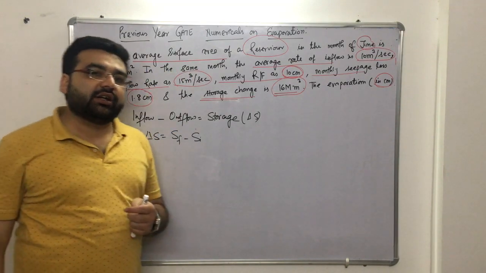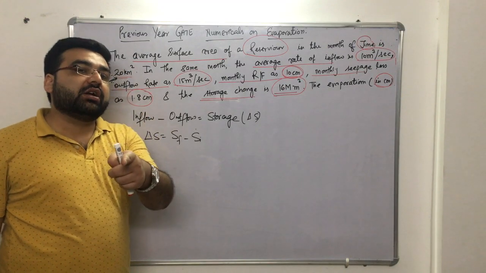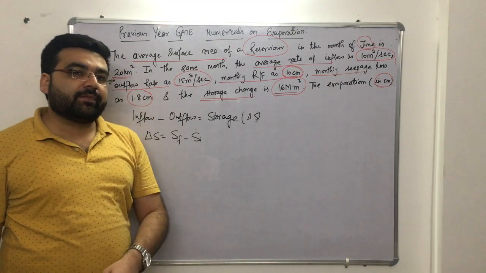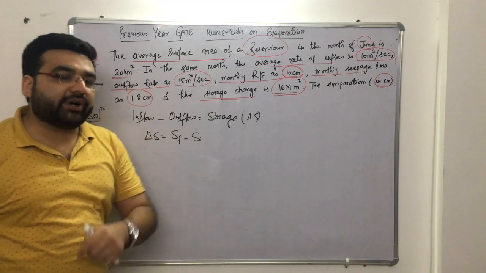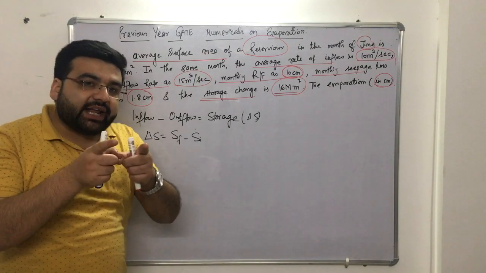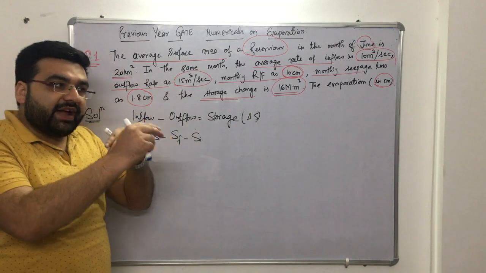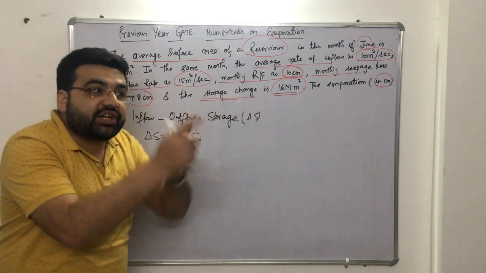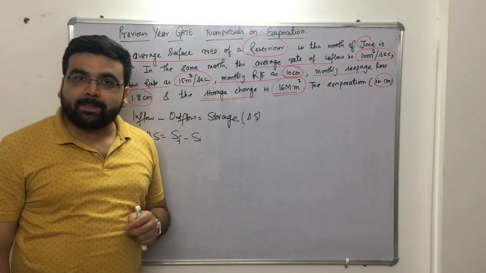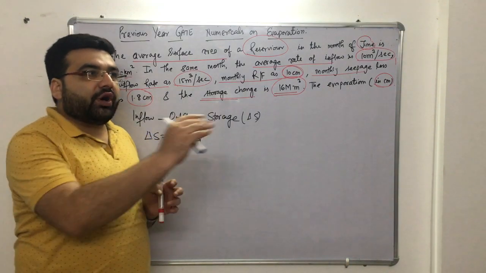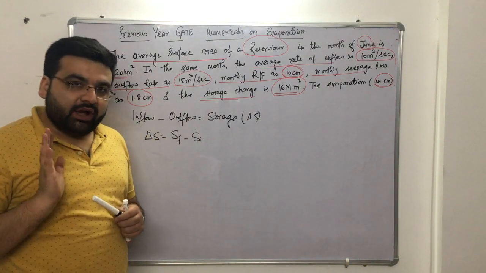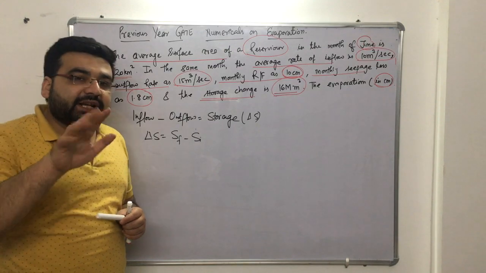We have to see only that thing. Now what do you think? At what moment would the storage change be negative? Think about it, right? The storage change would be negative when your outflow, again I'm repeating, is greater than the inflow. Simple. Now suppose the outflow is 10 meter cube per second and the inflow is 5 meter cube per second.